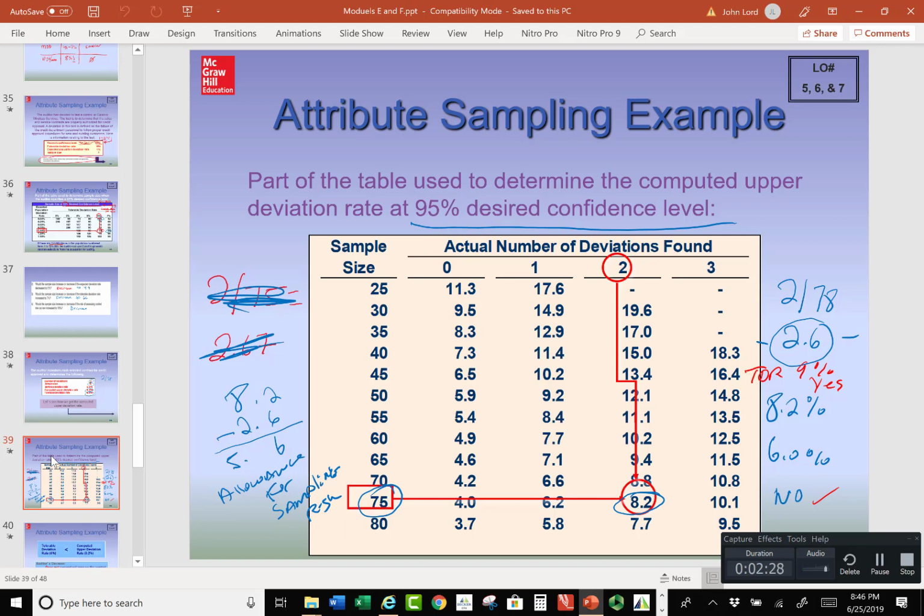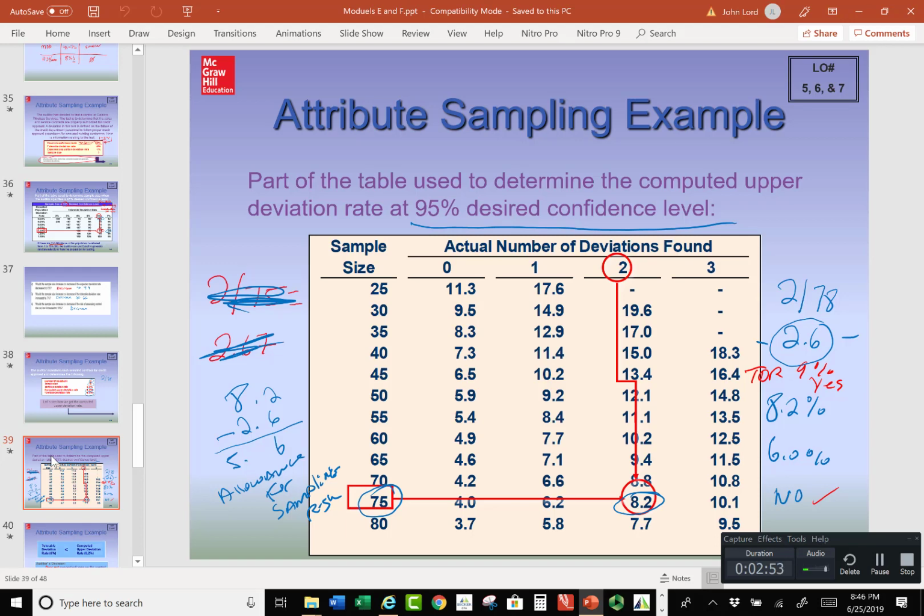We wouldn't go to 75 like they're doing, because that's a smaller sample size, right? So we go to, well, no, I guess we would go to 75 if you don't have 78, because you would get a more conservative outcome. Okay, so if they didn't have 78, you would go to 75, a smaller sample size, to get a more conservative outcome. And that's where they got the 8.2%.